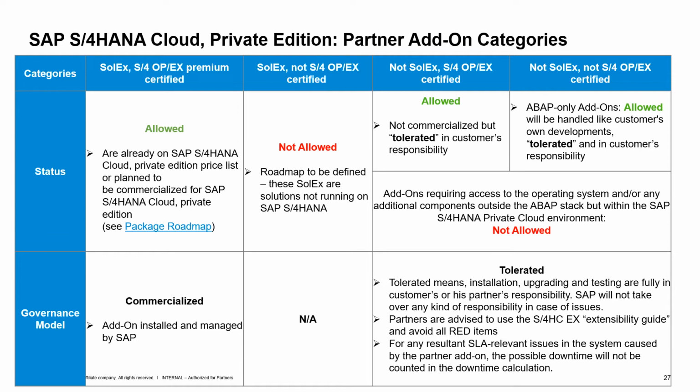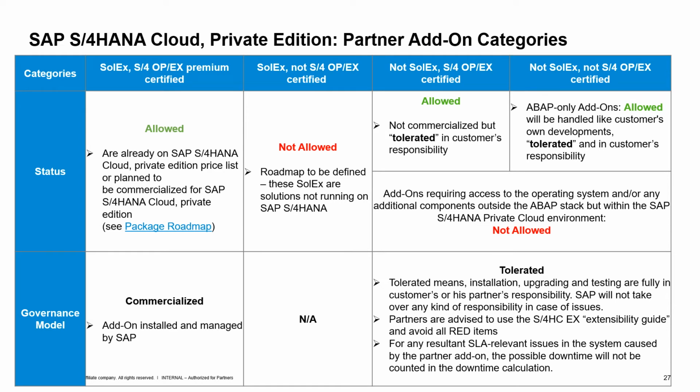So let's take a look at what tolerated means. Toleration means installation, upgrading, and testing are fully in the customer's or the partner's responsibility. SAP will not take over any kind of responsibility in case there are issues. Partners are advised to use the Extended Edition Extensibility Guide.